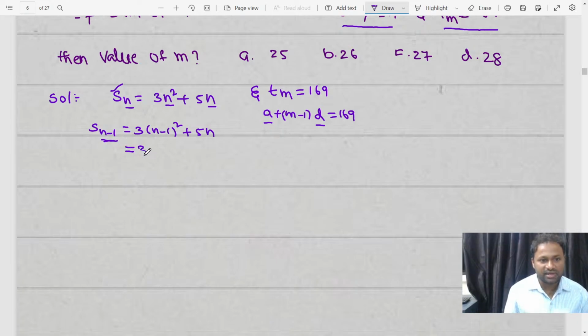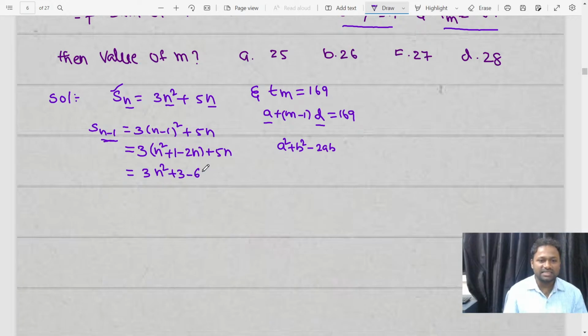Now don't waste the time to expand. Let us start. 3 into, we know a minus b whole square formula. What is a minus b whole square formula? a square plus b square minus 2ab, as we know, right? So a square means n square plus 1 square value 1 minus 2ab is nothing but 2n into 1, 2n, plus 5n. Now let us simplify. Multiply 3 to these, 3n square plus 3 minus 3 into 2, 6n plus 5n.